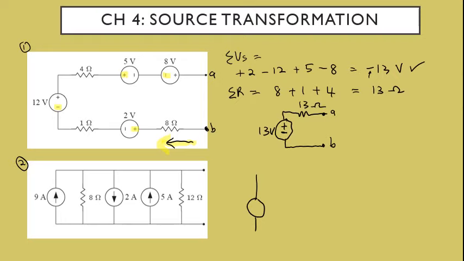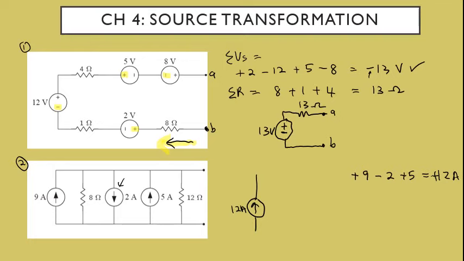If you say that going up is positive, then you can have a plus 9, and then since this is going down, you have minus 2, and then going up plus 5, then this is 12 ampere. And since this is positive, you have going up here, and this is 12 amps.